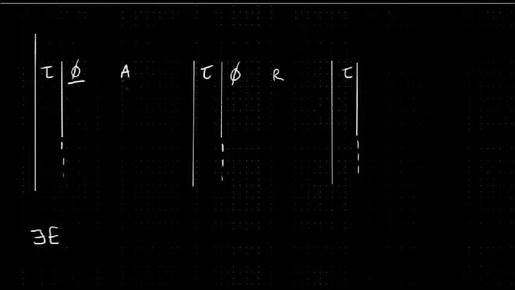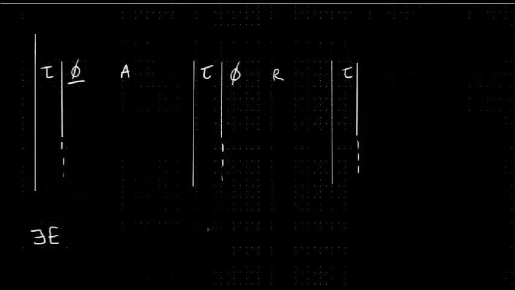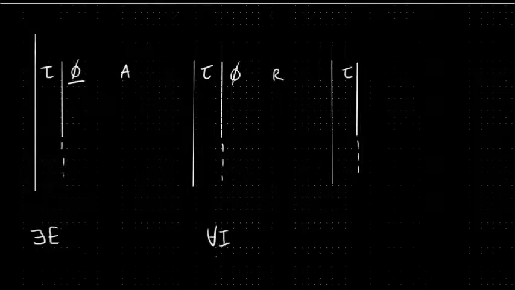So if a parameter bar begins with an assumption here, then that's got to be for an existential elimination. That's the only thing that can lead to. If it begins with a reiteration, so let's just show that that's an assumption, if it begins with a reiteration, it's got to be a universal introduction.